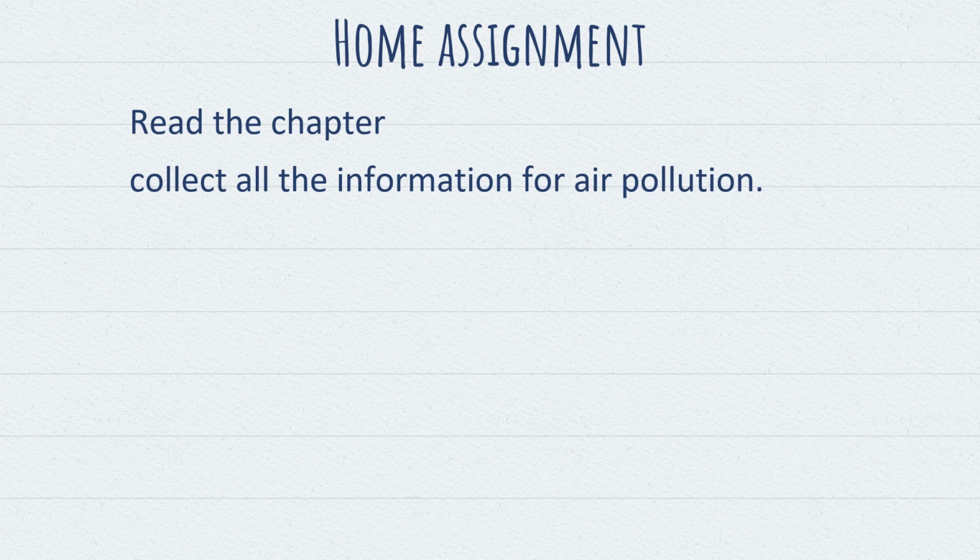So your homework is to read the chapter and collect all the information regarding air pollution: the causes, the main remedies, the effects of air pollution, and what we can do as students in our lives to reduce air pollution.